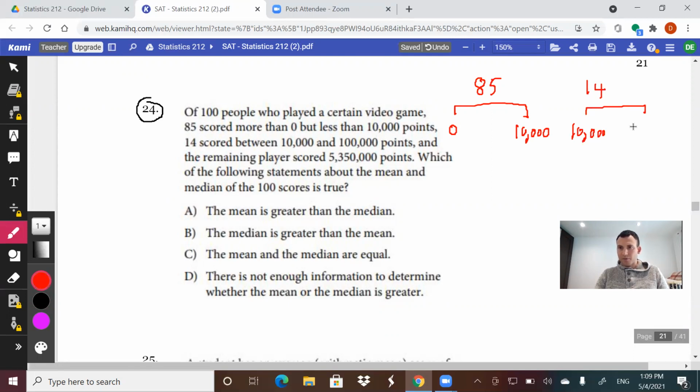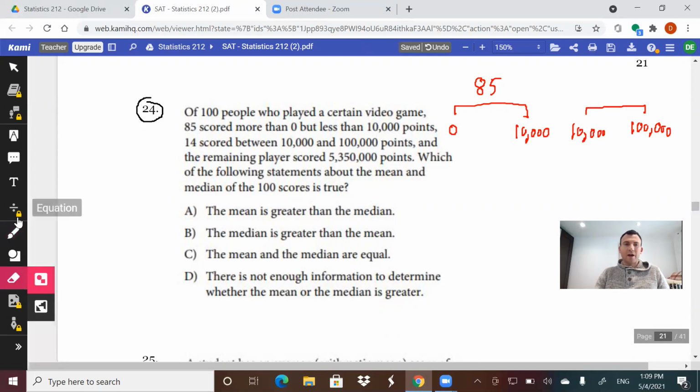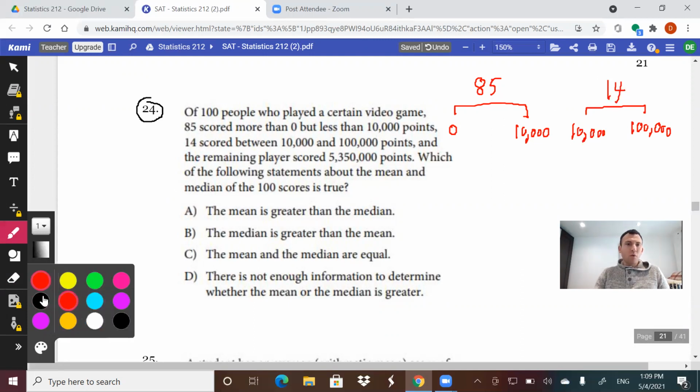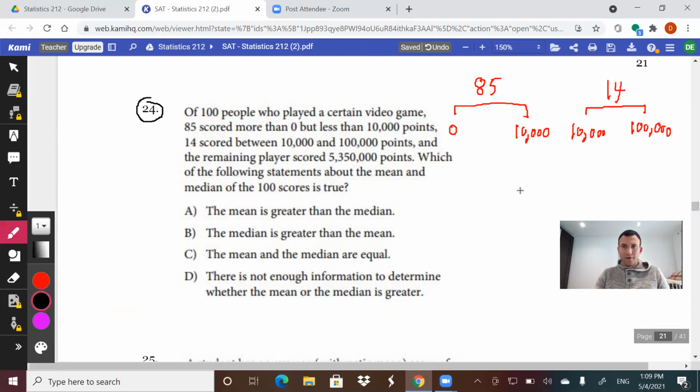So a small fraction of the people out of 100 scored within this range. And then we have one person who's a major outlier. One person scored 5,350,000 points. And that's just one person. Which of the following statements about the mean and median of the scores is true?